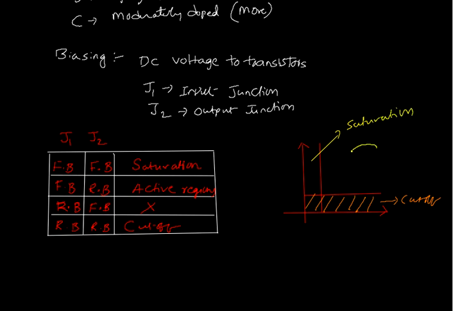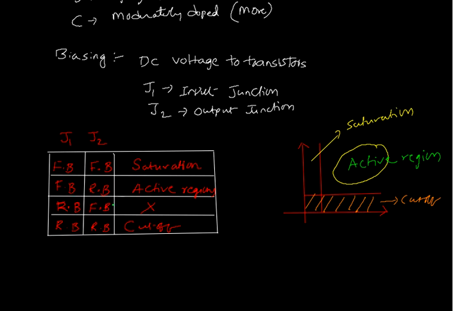That means this will be the active region. In order to operate the transistor in the active region, we have to give forward bias to the input junction and reverse bias to the output junction.